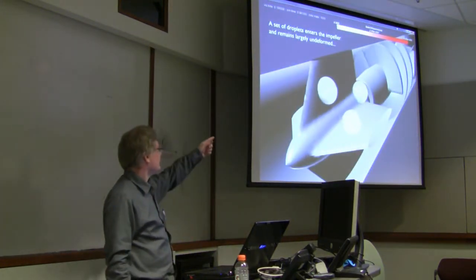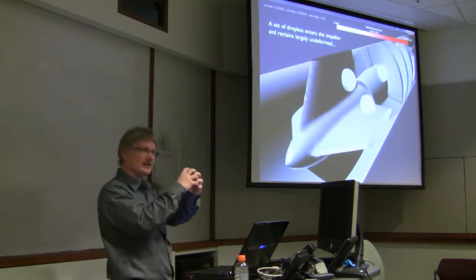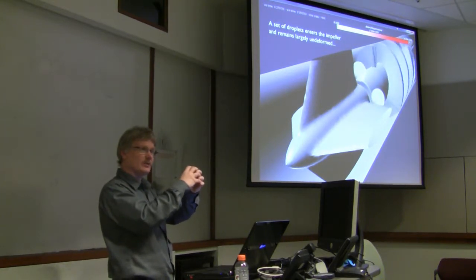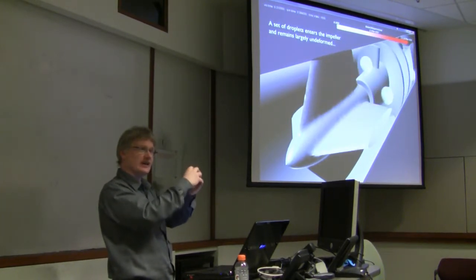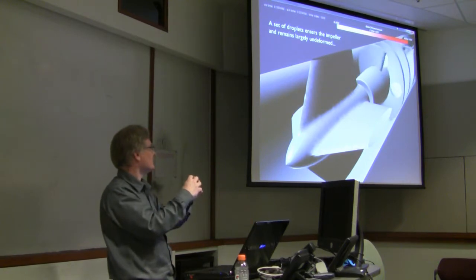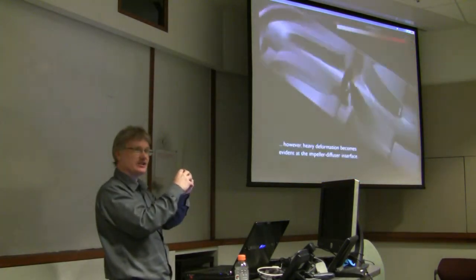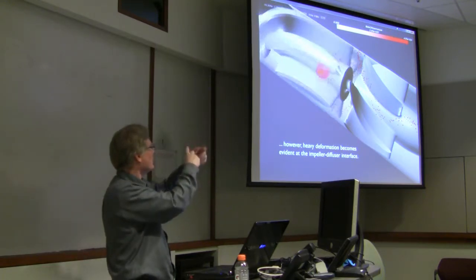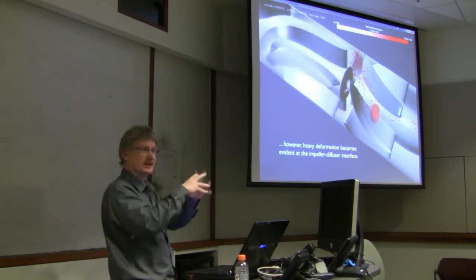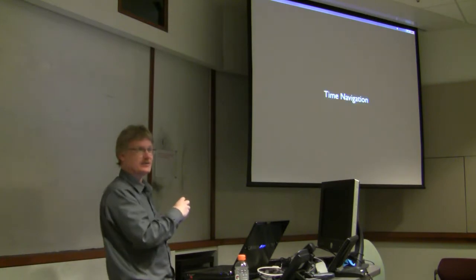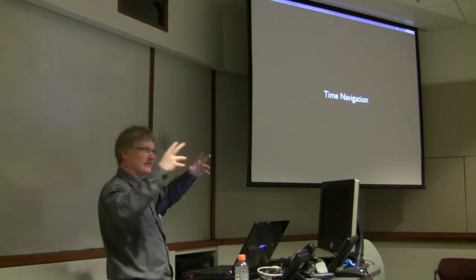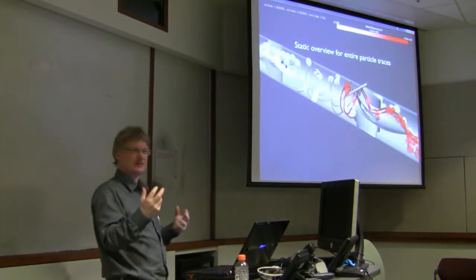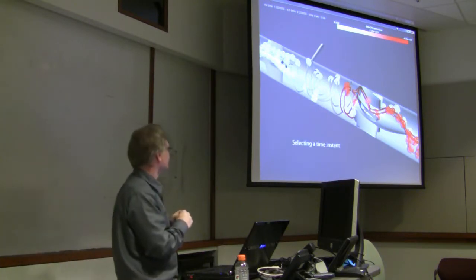And then here, this is showing how a little packet of space gets rotated and squished in different axes as it goes through the impeller, right? As it gets squished too much, it's actually going to damage the red blood cells potentially. So this is showing a trace of where there was potential damage to a cell because its deformation was too high as it went through the impeller. So that gives you kind of blood spattering of where the blood would be spattering, I guess.